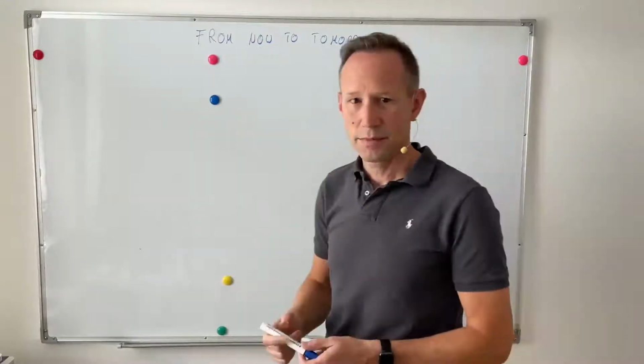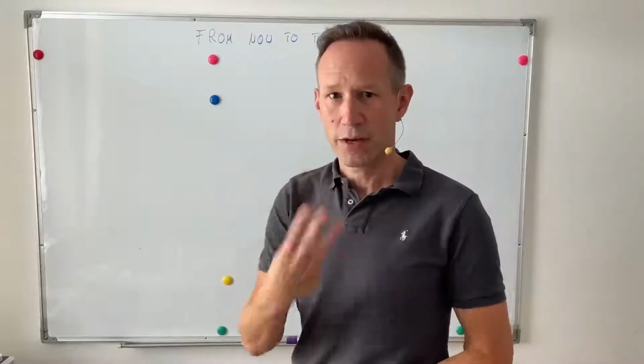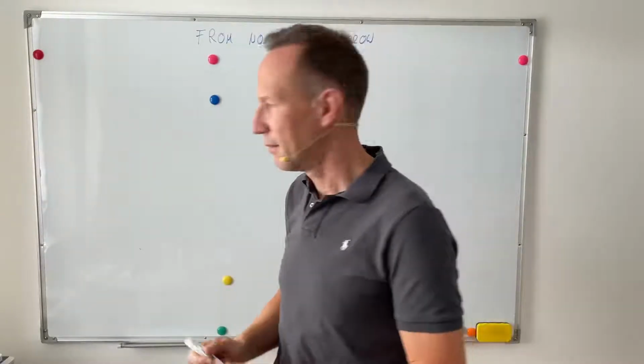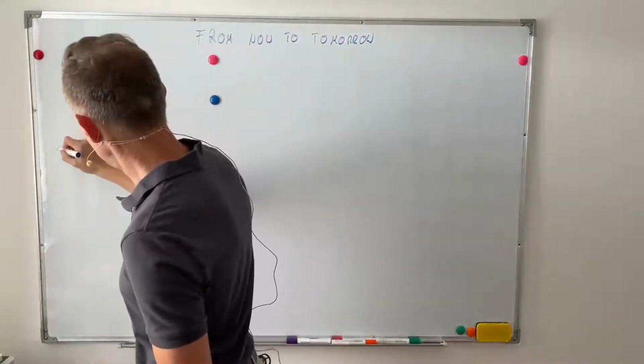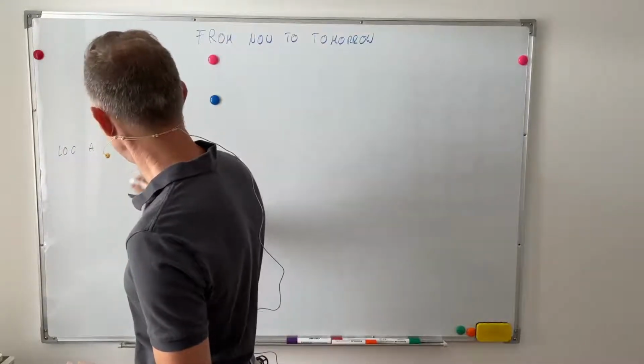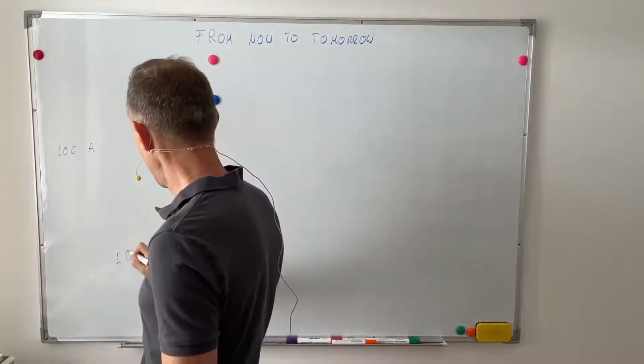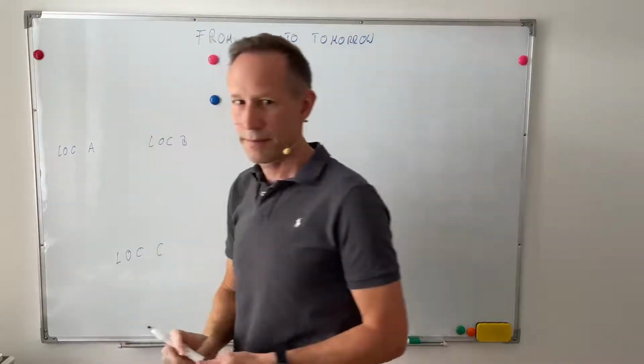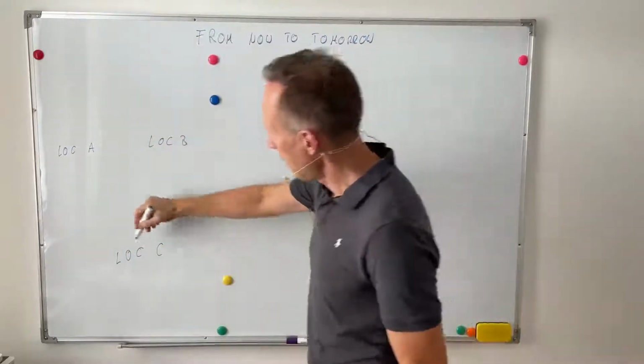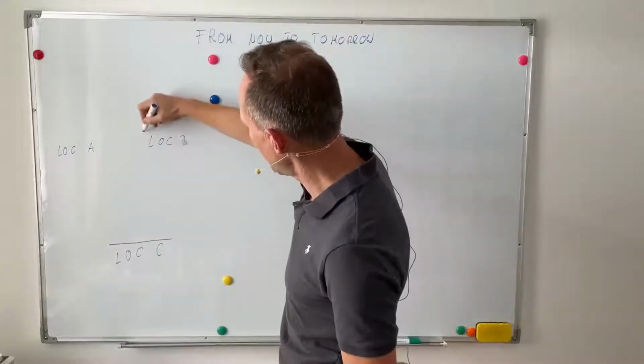Let's say the customer is using today 3 locations. That makes it a bit easier. We've got a location A, a location B, and a location C. This gives us a platform for what we are doing now.